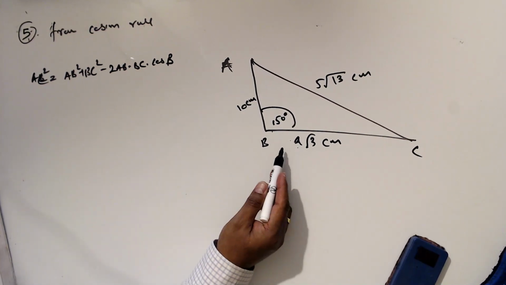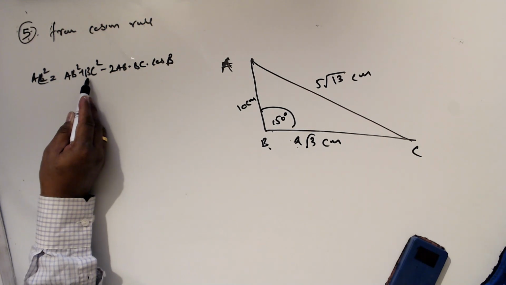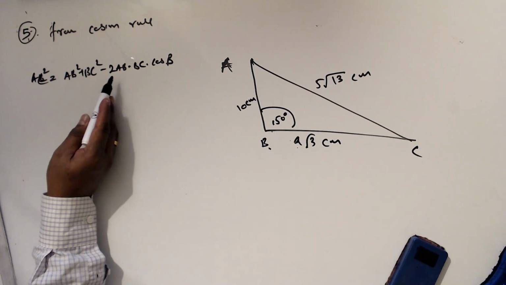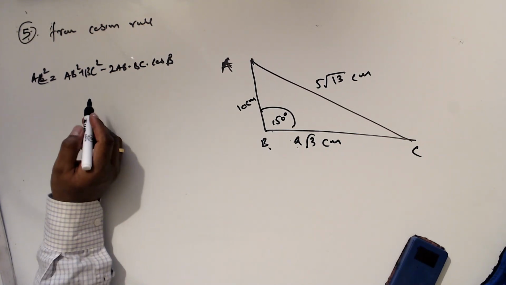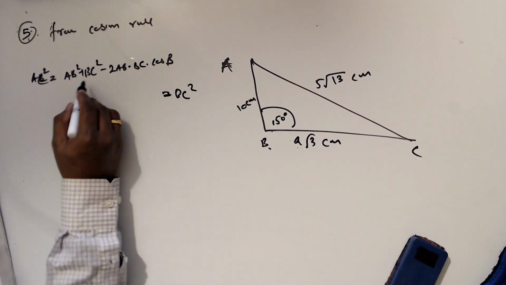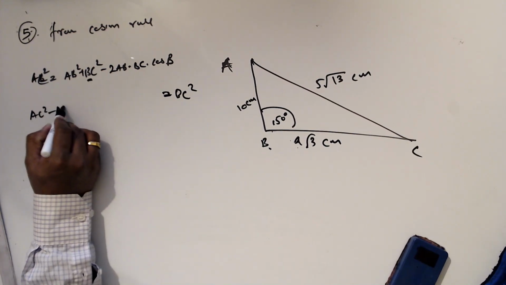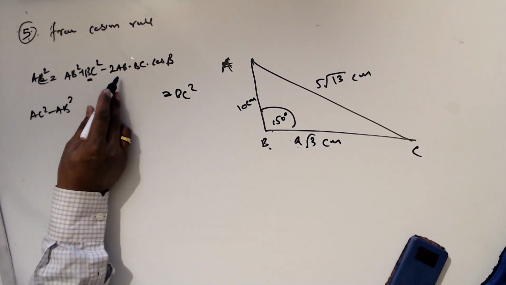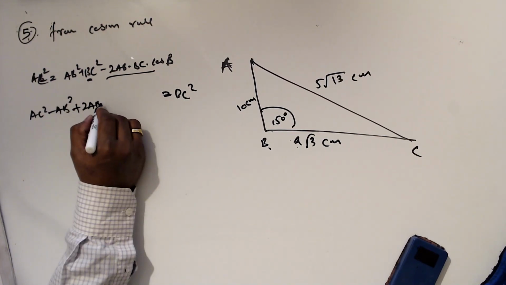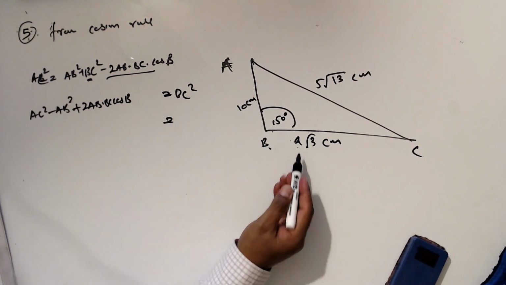Now I want to make BC the subject, so I'll leave BC here, and I'll bring both to the other side. It means BC square I leave, and AC square minus AB square I'll bring to the other side, and I'll bring this side to this side. 2AB BC cos B. Oh, now it is fine.